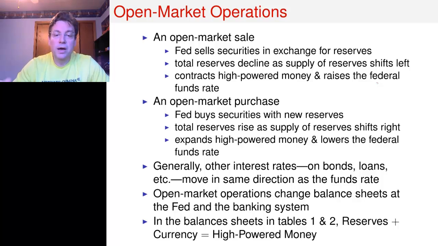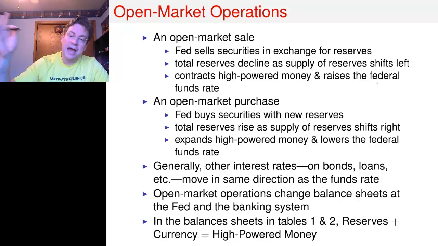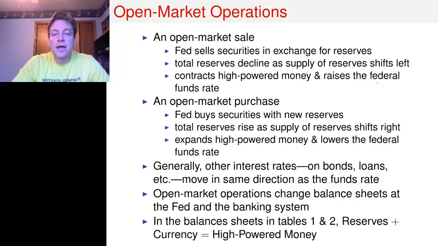That's when the Fed buys securities, it pays for them by creating new reserves. That shifts the supply of reserves out to the right, and that expands high-powered money. Now, generally, other interest rates, the interest rates on bonds, loans, etc., tend to move in the same direction as the federal funds rate.